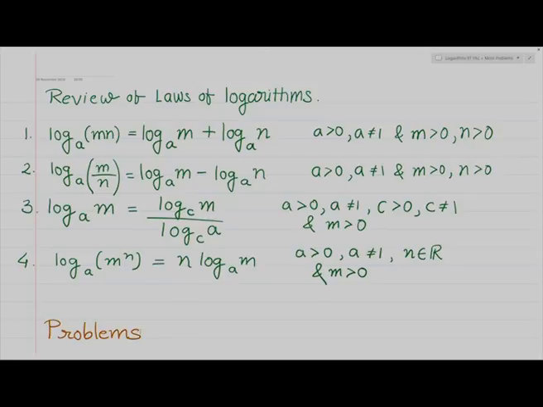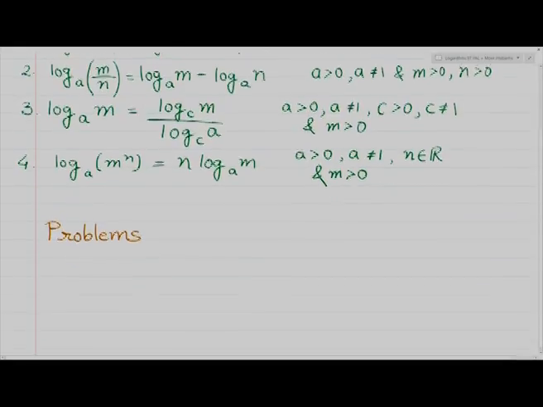This is called the power law or index law, whatever you want to call it. These were the 4 laws that we studied and derived in the last class. Now we will solve more problems which are somewhat complicated to get a better idea of how to use the laws.